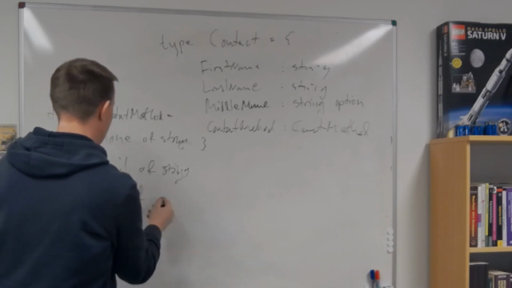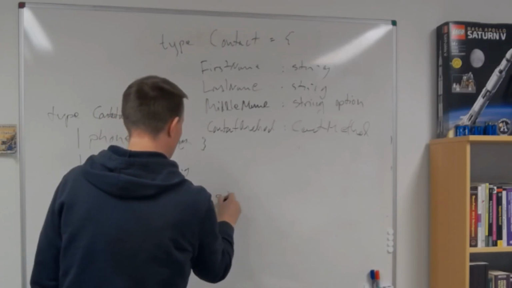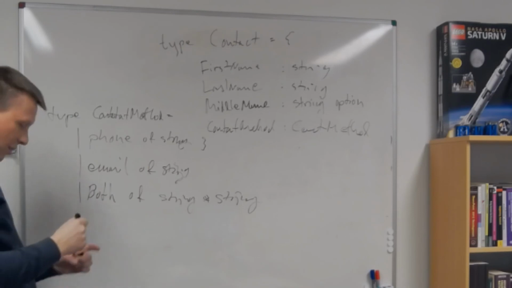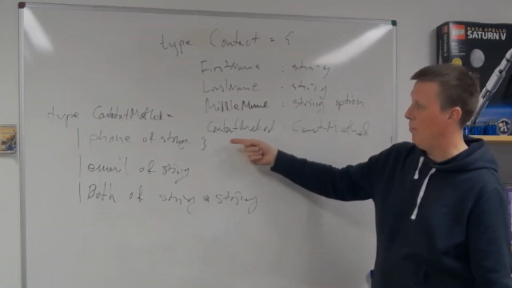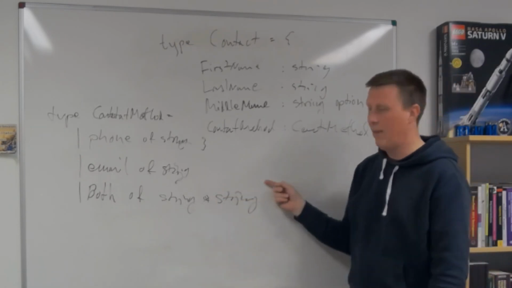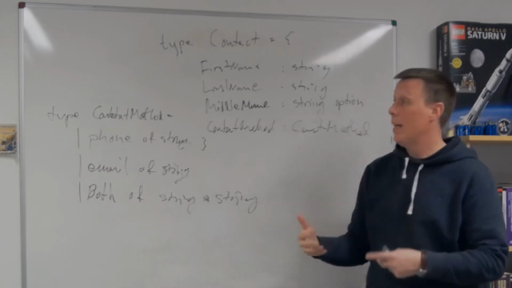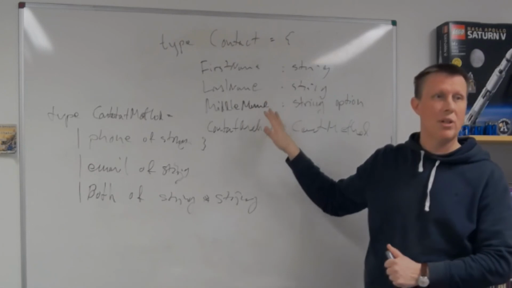of string tuple string. So then you would know whether you have either a phone number or email, or both have been defined. And now we can see how we are using this and or in order to build a data type which cannot be abused.